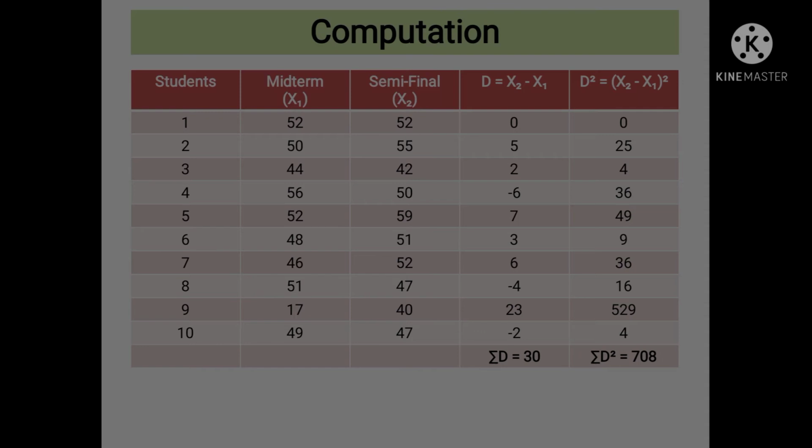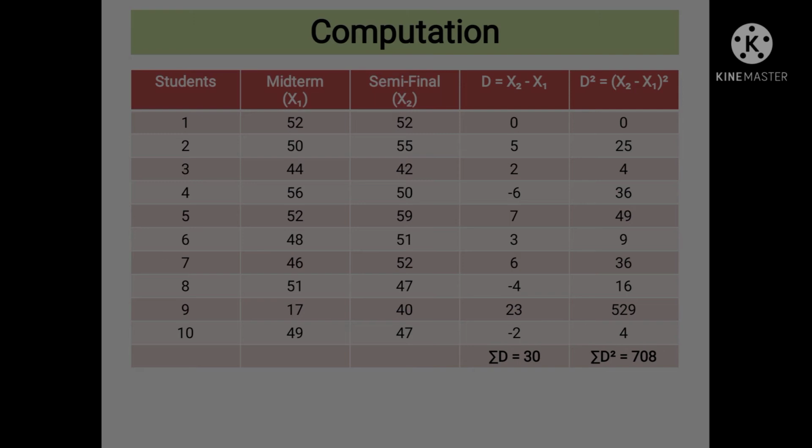Okay, this is the computation. The first column represents the students from 1 to 10. The second column represents the midterm scores, represented by x sub 1. Then the third column is the semifinal, represented by x sub 2.